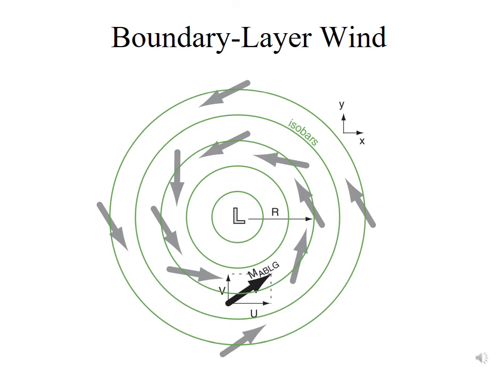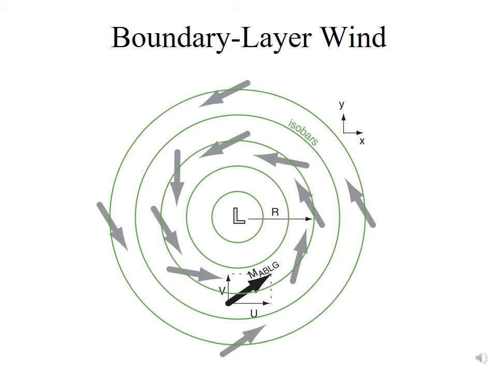So here's an example of air that is rotating around a low pressure zone in the northern hemisphere. It's rotating counterclockwise, and you can see that there is a cross-isobaric flow component in all of these arrows that are drawn, and that means that there's actually a little bit of surface convergence at the middle of this low pressure zone.